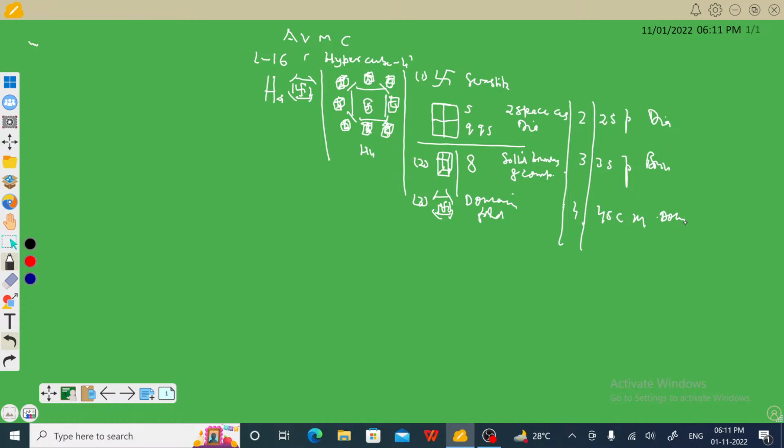And then fourth feature is that its origin is transcendental, that is 5 space is playing the role of origin, 4 space. Number is 5, 5 space playing the role of origin.